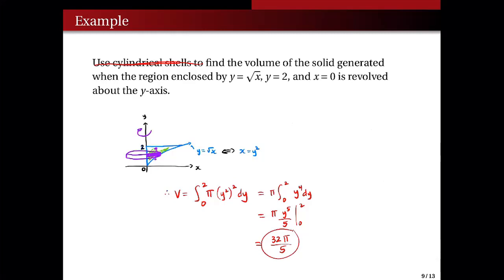But when you see some more regions, when you practice on them, you will realize which method is the best to use.